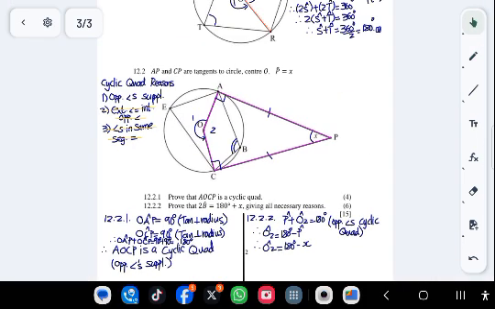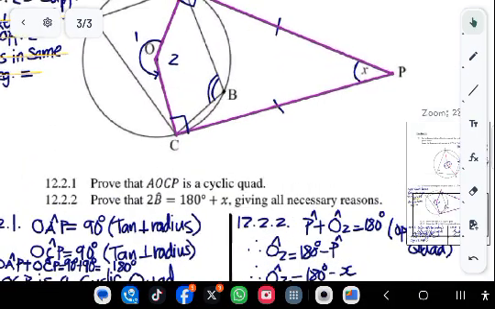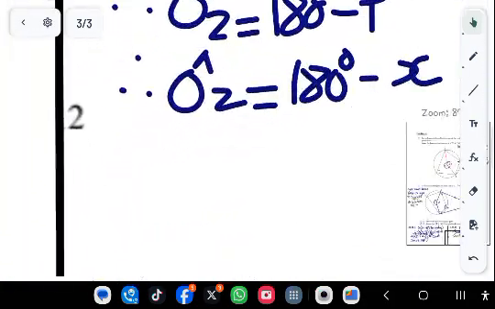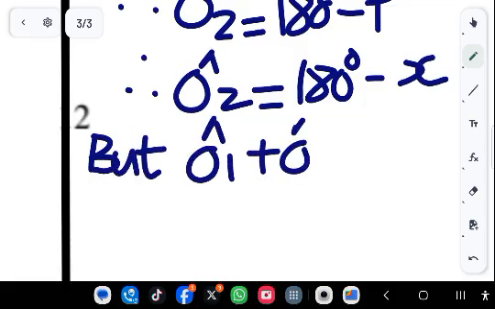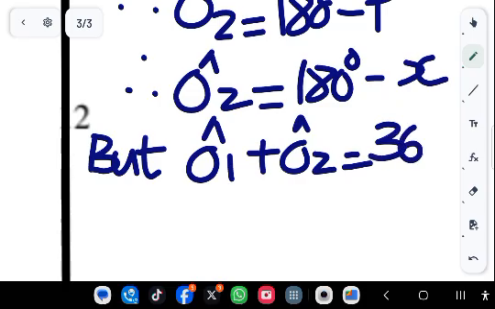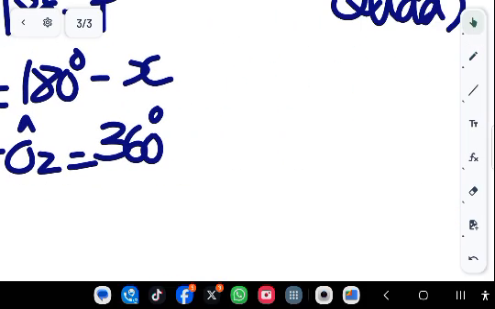All fine and dandy. Now let's find the size of angle O1. Angle O1 plus angle O2 add up to 360 degrees because they are angles around a point.